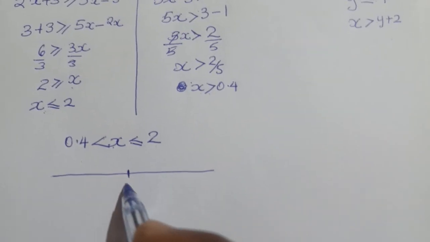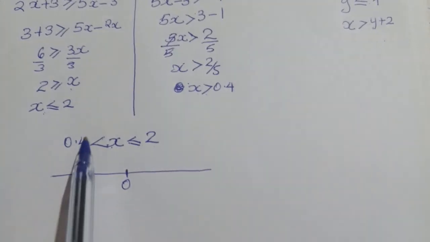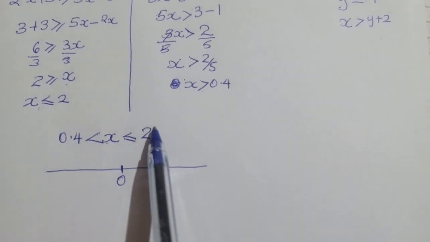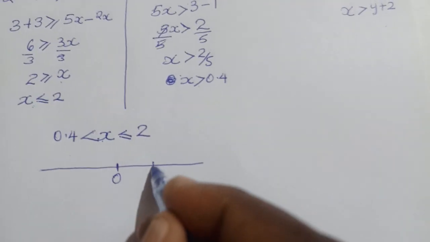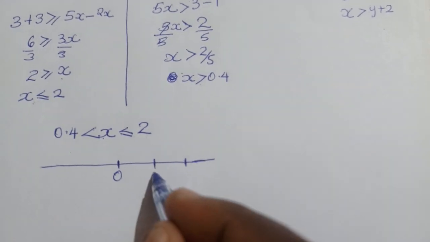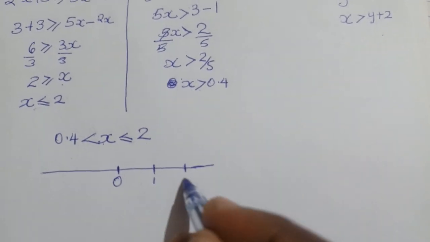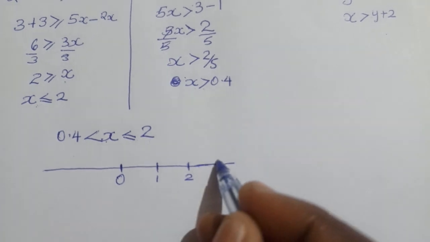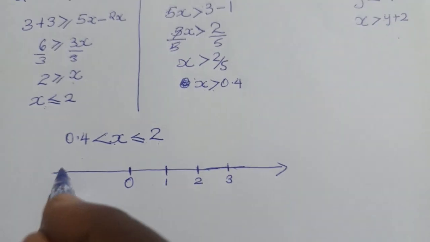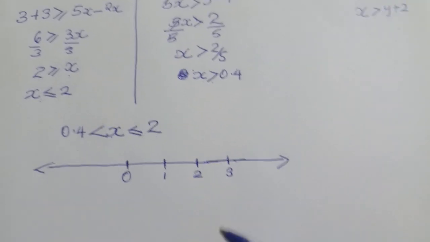So you can see the value of x ranges from 0.4 to 2. So on a number line, of course, a number line is a line that represents whole numbers. So we have 1, we have 2, we have 3, and that can go on and on up to where we do not know, infinity.